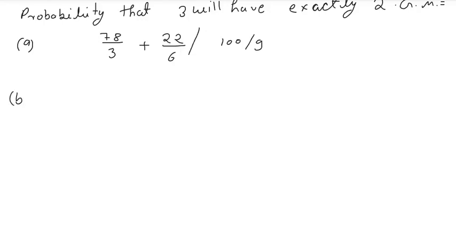Now for part B, 8 rats are selected from population, probability that no more than 2 will have exactly 1 mutation.